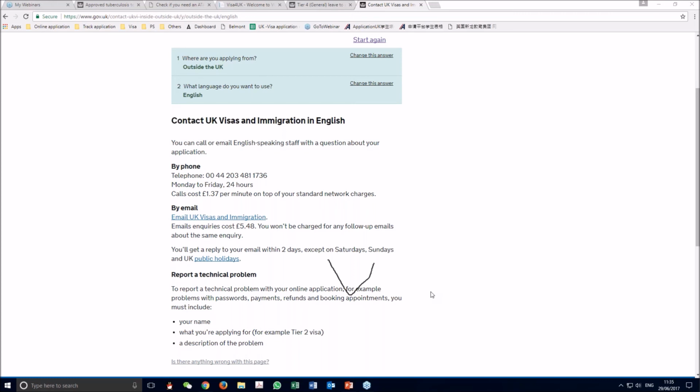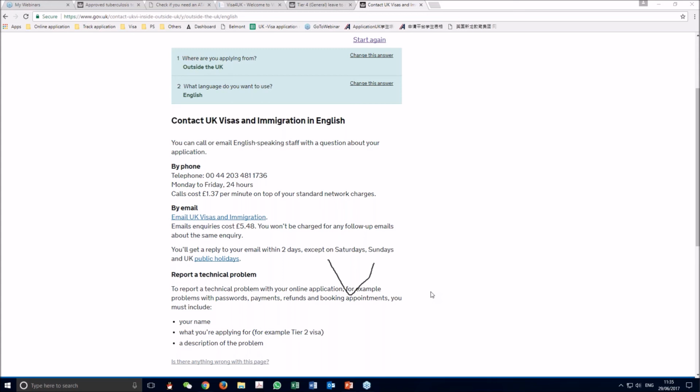But at what stage above degree level, I can't be sure without checking the documents. But I'm thinking, in my memory, it's like master's degree, level 7. I'm not quite sure about undergraduate degree, level 6, whether students are allowed to bring their partners or children. But anyway, we can always check online Home Office documents.